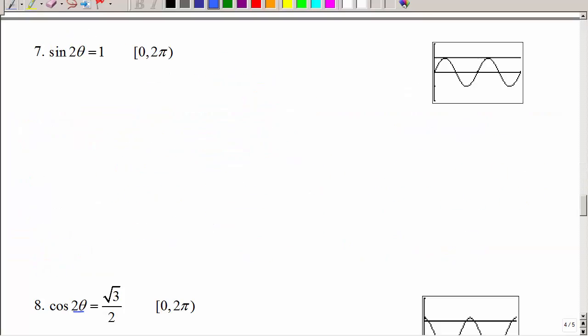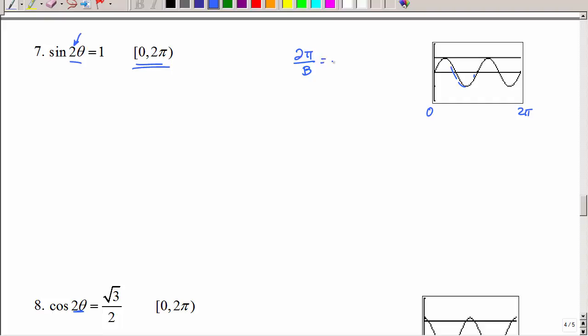These next few problems deal with multiple angles. That's going to change some things. We need to be careful. Look at this graph. This is between 0 and 2 pi, and look at your sine wave. You don't just have one of them, you have 2 of them because it has changed that period. Remember that period was 2 pi divided by b.